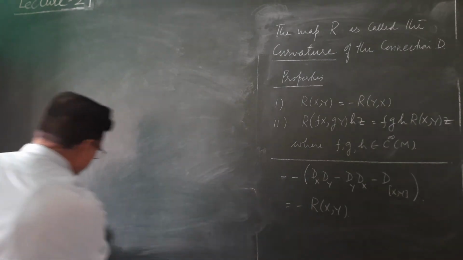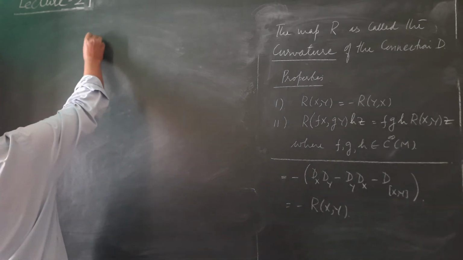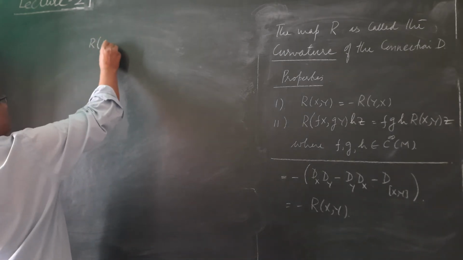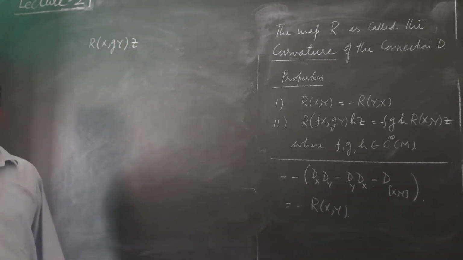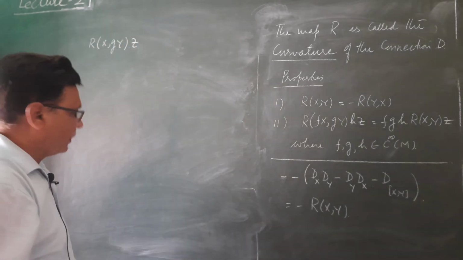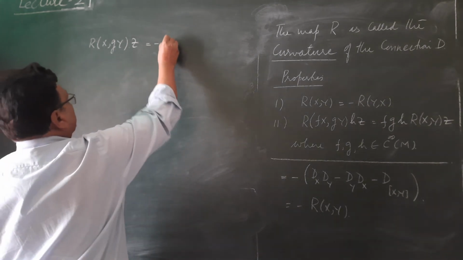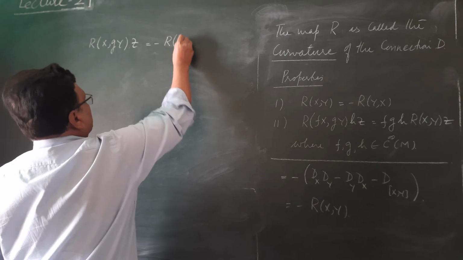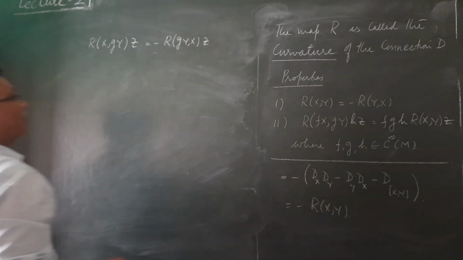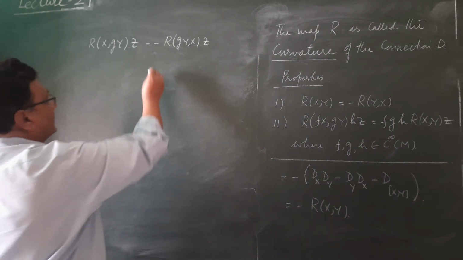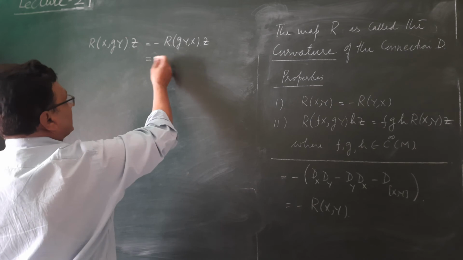So if you have g sitting with y, let us say R of x gy z, it was equal to minus R of gy x z, and g should come out by the last proof.